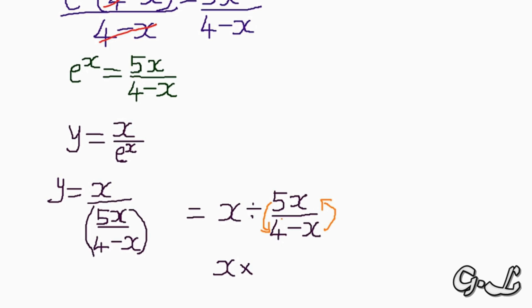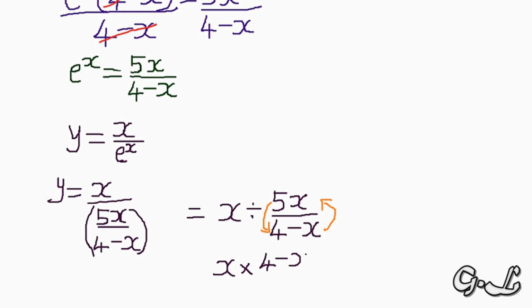So the numerator will go down and the denominator will go up. So it will be 4 minus x over 5x. So that is our y.